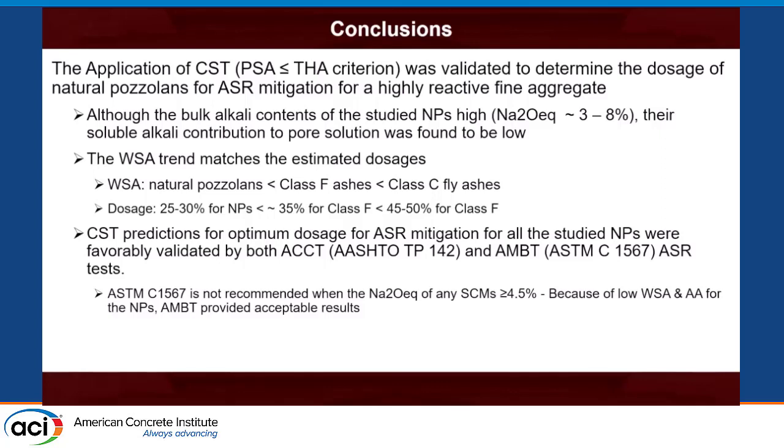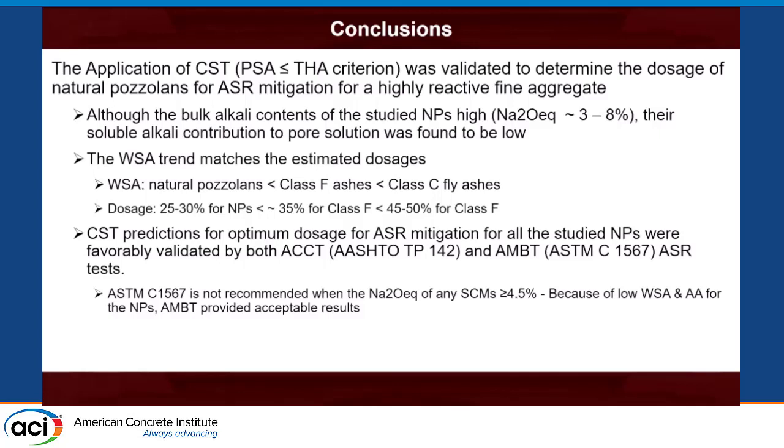That means the answer is some SCM contribute soluble alkali in pore solution. That is the key to understand. That is the fundamental science to determine the percentage. And that takes only 1 to 2 days time. Then we validated based on 1567 14 days test, ACCT 75 to 90 days. It's a pretty good match, this approach.